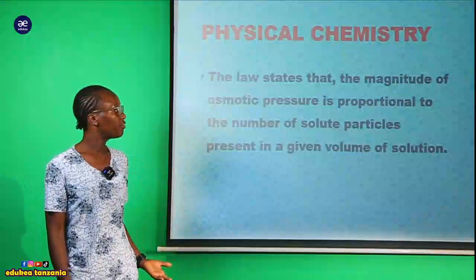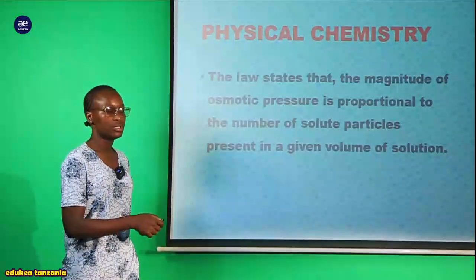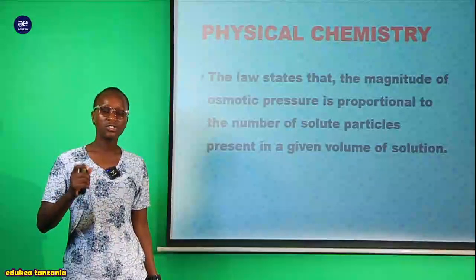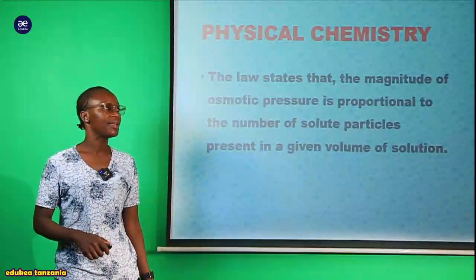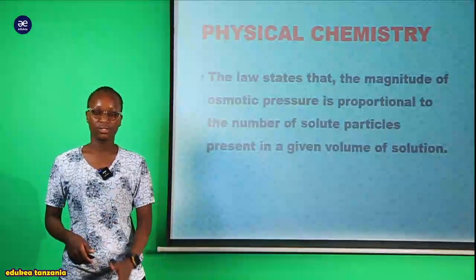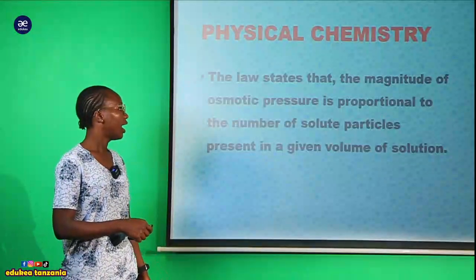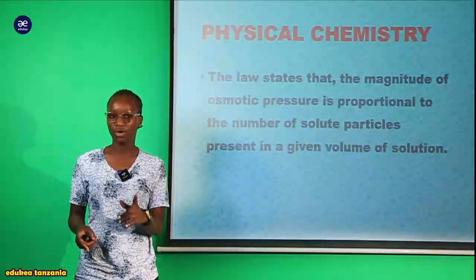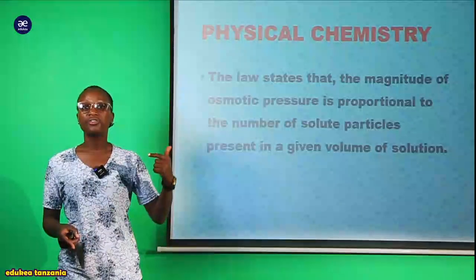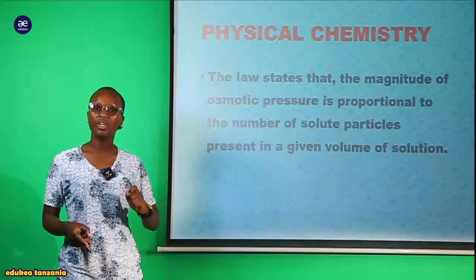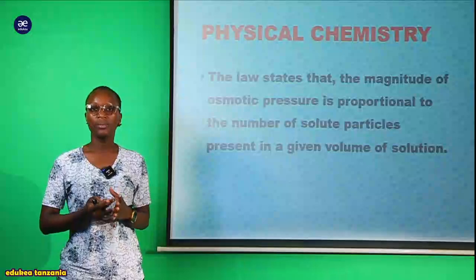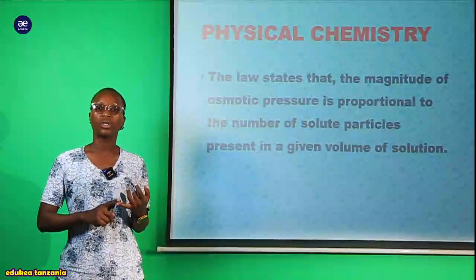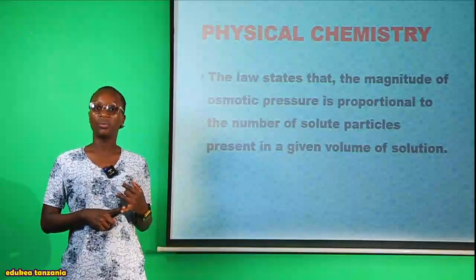Van 't Hoff said the magnitude of osmotic pressure is directly proportional to the number of solute particles in the given volume. You can add that number of solute per given volume is molarity. You know that, you studied it in Form 3 in the mole concept and related calculations.